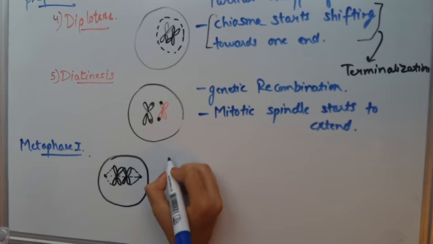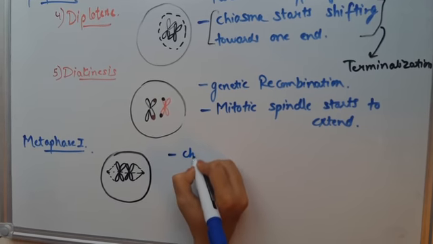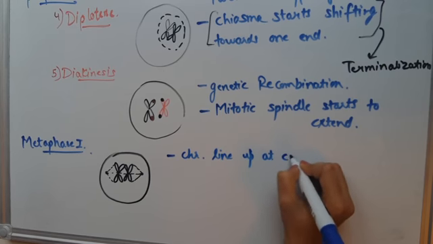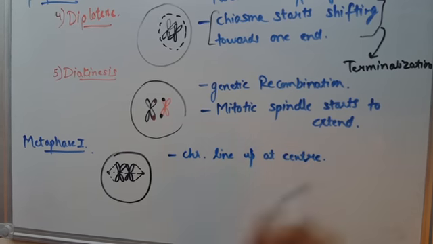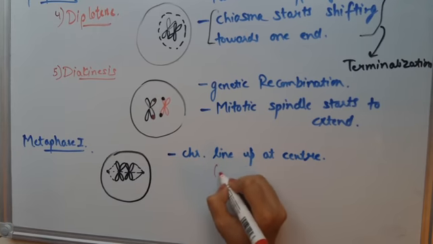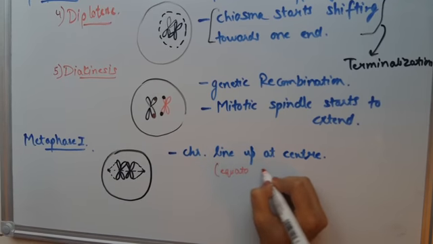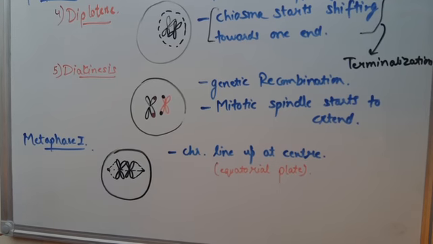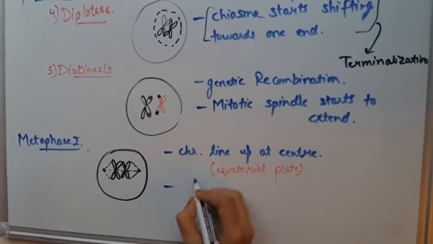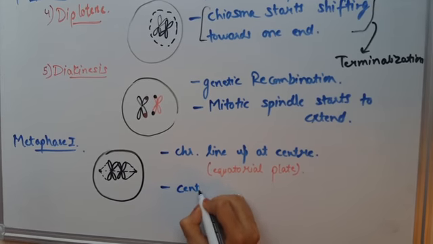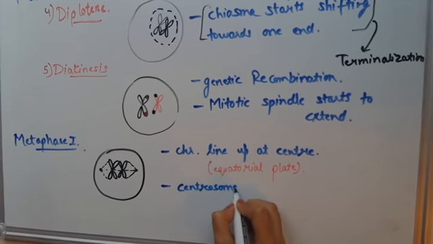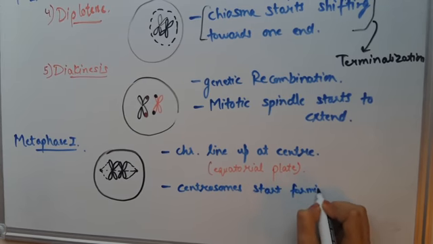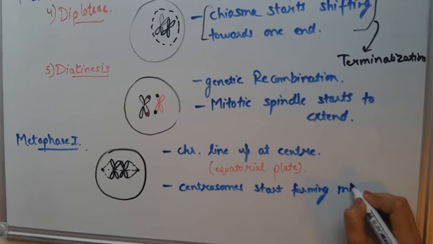So the general points here are: chromosomes line up at center, and again an important event which is called formation of the equatorial plate, and centrosomes start forming the mitotic spindle.